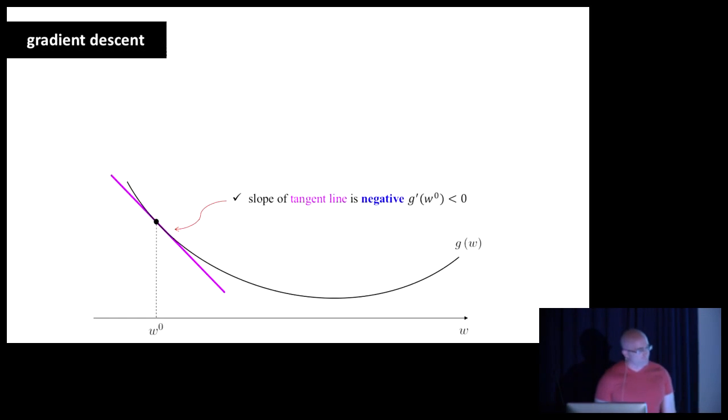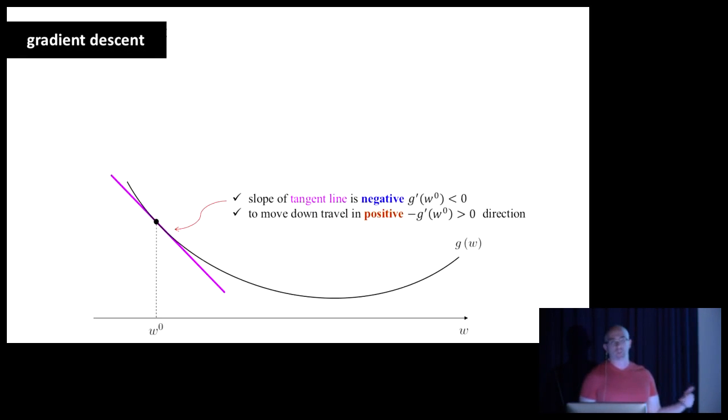So how do we know which way is down on the line? We can just visually see that the slope of that tangent line at that particular w0 is negative. The derivative, which is the slope, is negative. To go downwards means we want to go in the positive direction, or in the negative slope direction, or in the negative derivative direction. They're all saying the same thing.